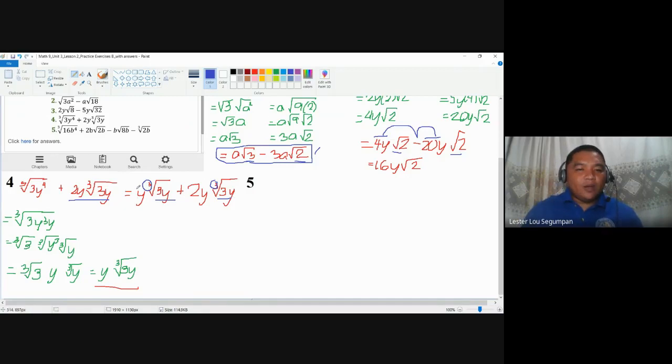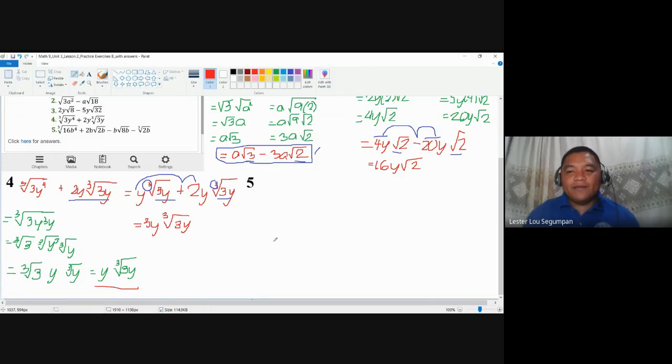Therefore, let's operate the items outside. y plus 2y, the answer is 3y. And copy the radical expression, cube root of 3y. So this is the final answer for number 4. Again, number 4 is different from numbers 1, 2, and 3 because number 4 is now in cube roots.